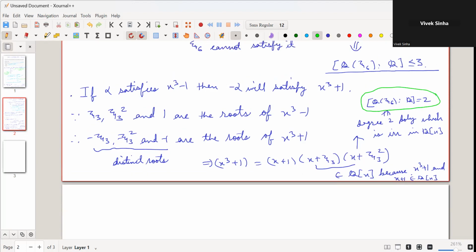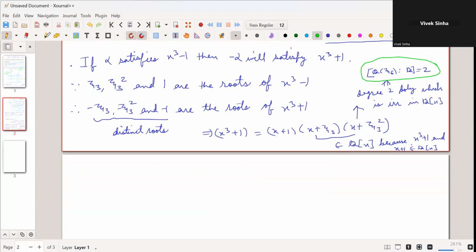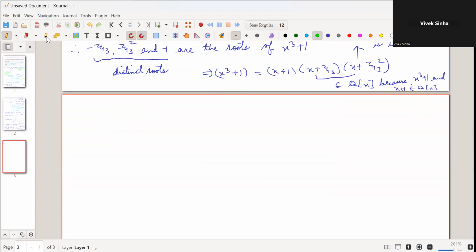Clear? And thus this implies each element of Q(xi 6) is constructible.